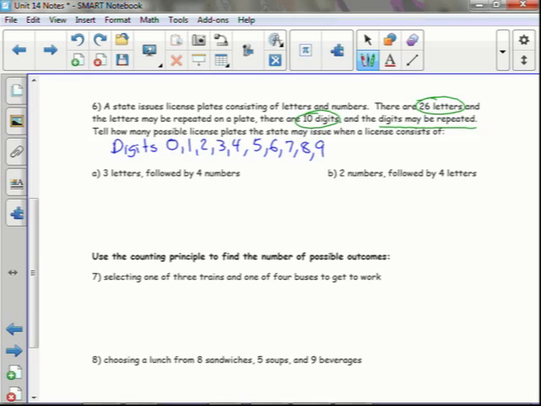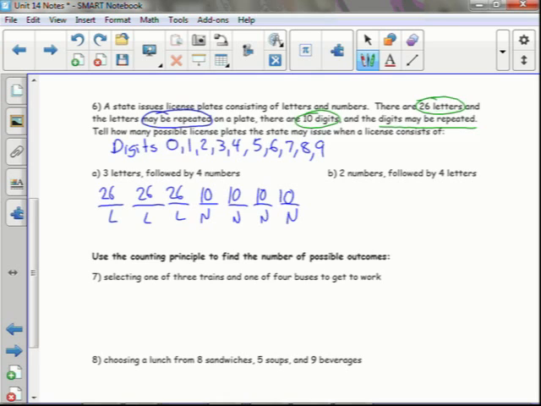Okay, now, there are 26 letters, and the letters may be repeated. That's also important. So 3 letters followed by 4 numbers: letter, letter, letter, number, number, number, number. So you have 26 possibilities, 26, 26, 10 here, 10 here, 10 here, and 10 here.